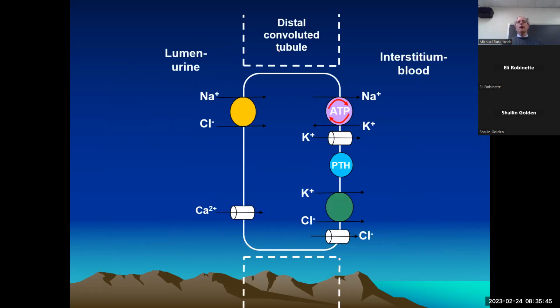So here's your distal convoluted tubule. Here's your sodium chloride transporter. Because you're losing electrolytes, you're losing charge, you're going to also passively take up calcium. Thiazide diuretics inhibit that pump. You leave more solutes in the filtrate, you leave more water in the filtrate, you lose more water.